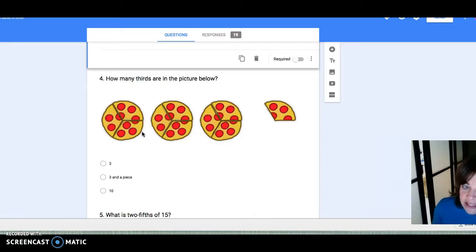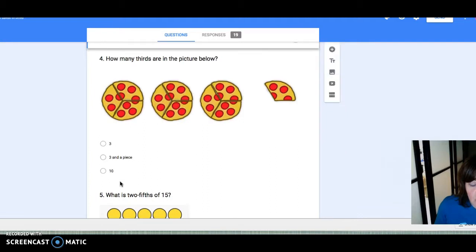Or 4 pieces, you'd be talking about quarters. So these are divided into 3 pieces. So we have 1/3, 2/3, 3/3, 4/3, 5/3, 6/3, 7/3, 8/3, 9/3, and 10/3. So the answer was 10.